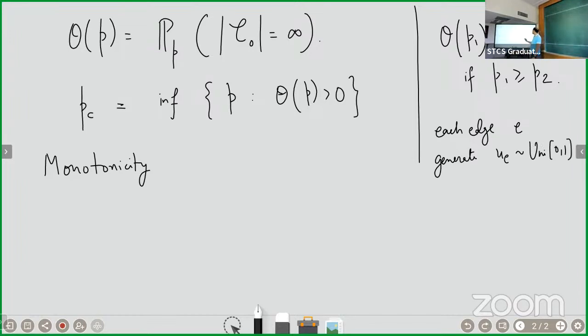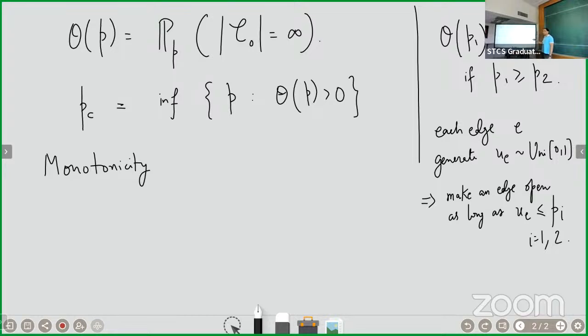Then there are two graphs I have, one with p1 and another with p2. Make an edge open if U_e is less than or equal to p1, or p2. I'll get two graphs, one where I use p1, the other where I use p2.